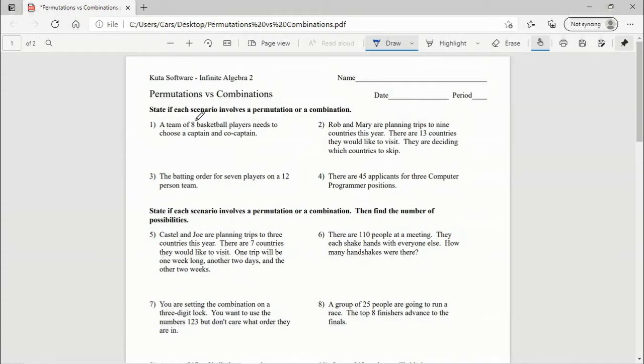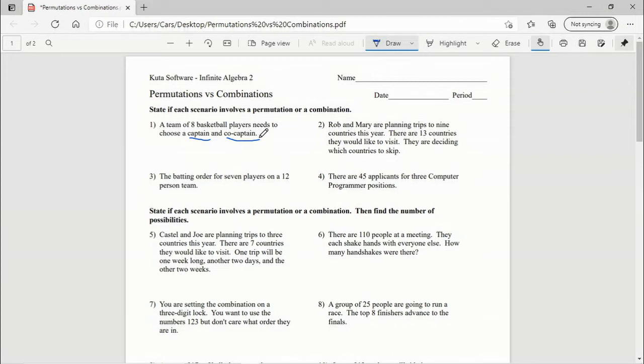A team of 8 basketball players needs to choose a captain and a co-captain. Our keywords are here, captain and co-captain. So does it have a specific order? It does, right? Because you need a captain and the co-captain.